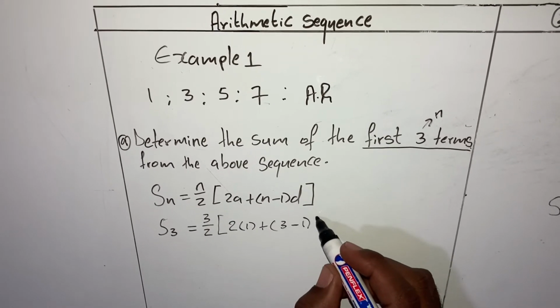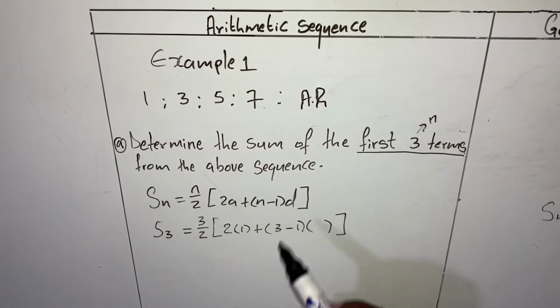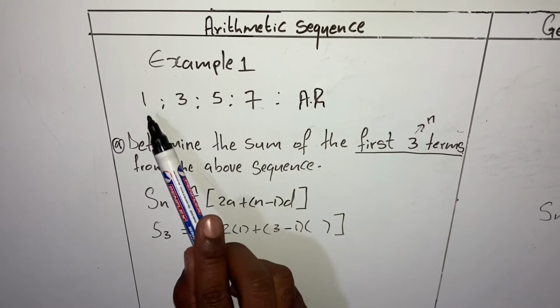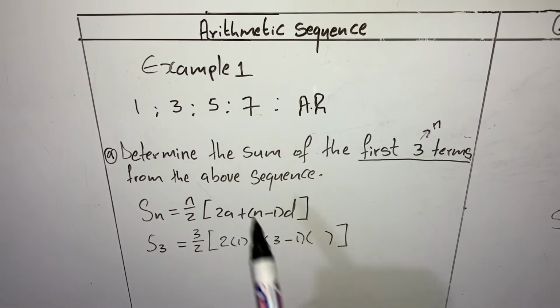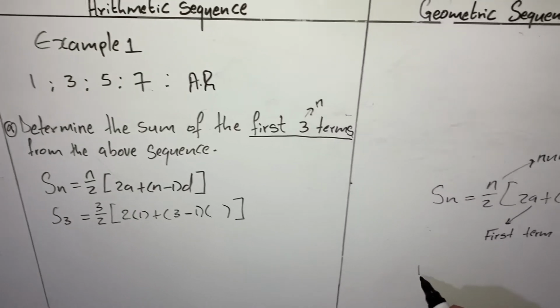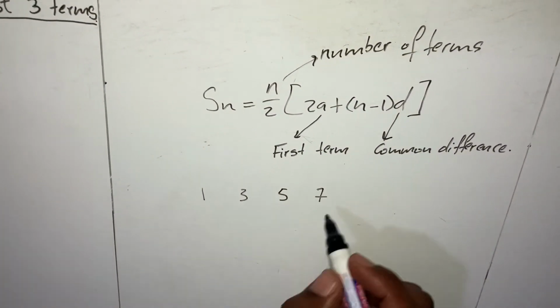Then our common difference, we'll have to look into our sequence. On our sequence, we are given 1, 3, 5, 7.